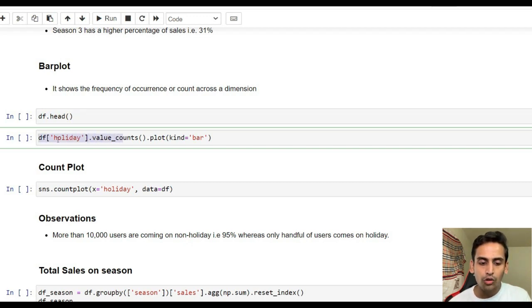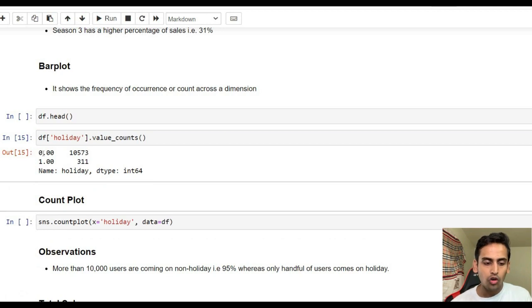So we have already used the function value_counts multiple times. So df holiday value_counts, let me break down this one. When I run this command, it will tell me for 0 and 1 how many total observations there are. It shows that when holiday equal to 0, I have around 10,500 observations.